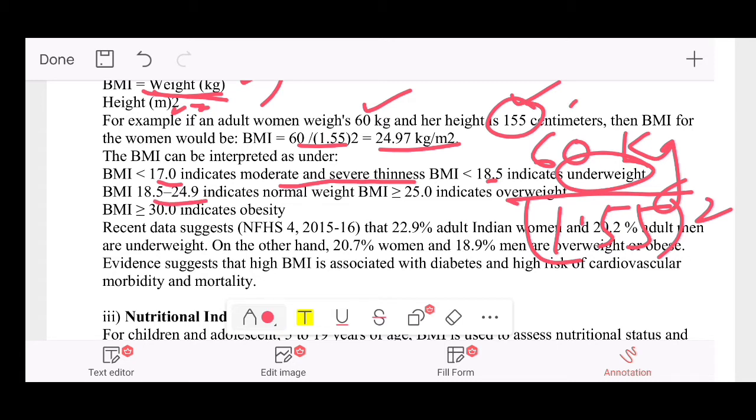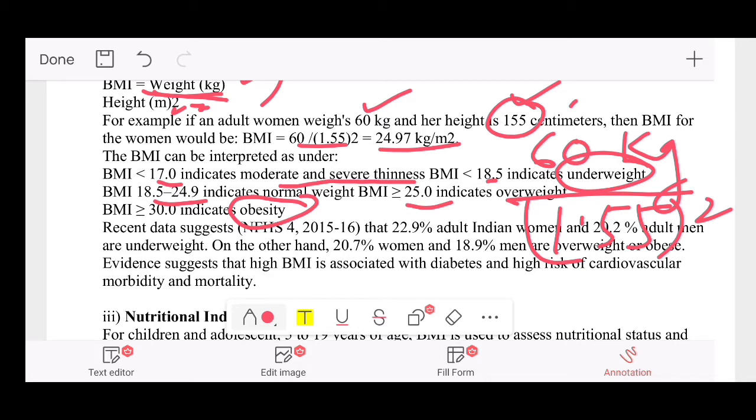A BMI of more than 25.0 indicates overweight. A BMI greater than 30.0 indicates obesity. So if this is greater than 30, then we can say this particular person is obese, overweight or underweight, whatever, by the body mass index.